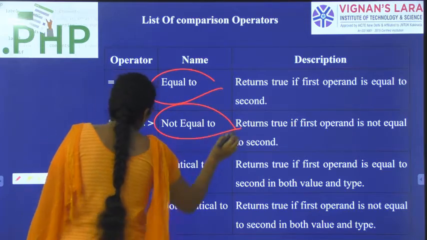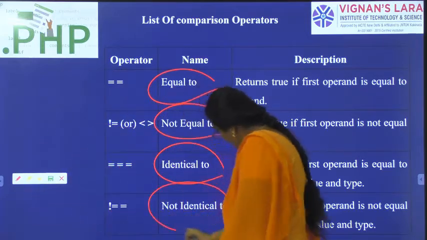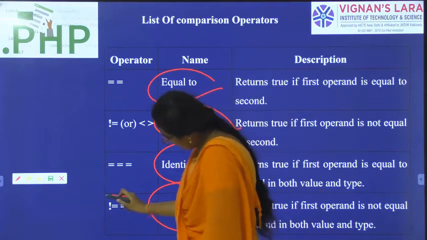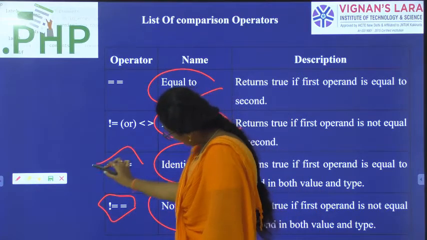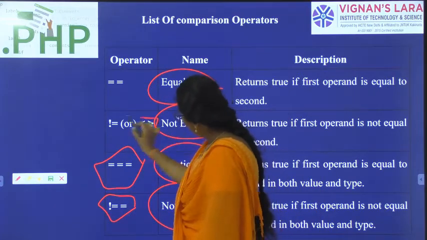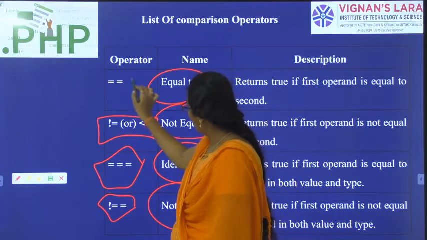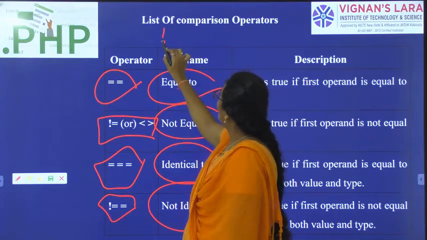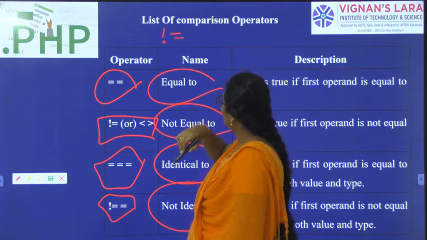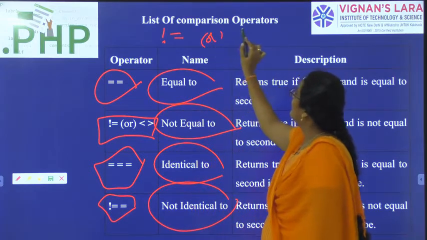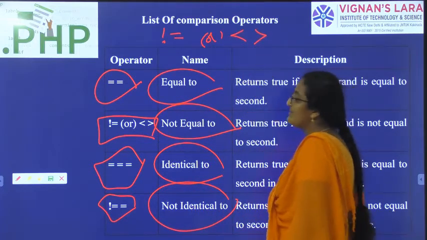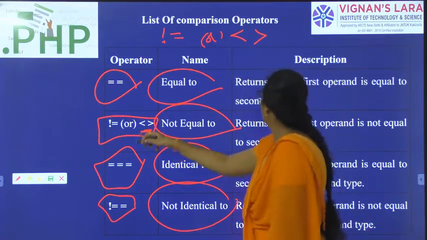Equal to, not equal to, identical to, not identical. This is the symbol for not identical, symbol for identical, symbol for not equal, symbol for equal. This can be the symbol for not equal, or these angular braces also can be the symbol for not equal.